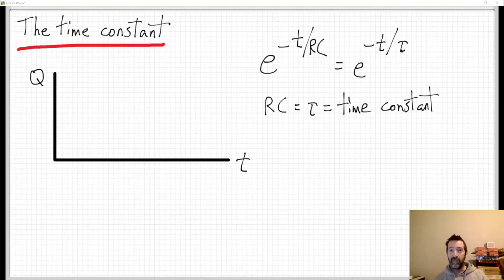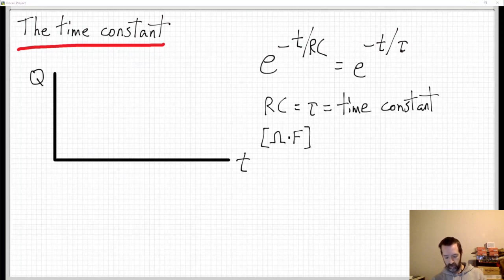It's not obvious, because R is measured in ohms and C is measured in farads, but nevertheless, ohms times farads is equal to seconds. I will go ahead and write that because it's so weird. Ohms times farads equals seconds.